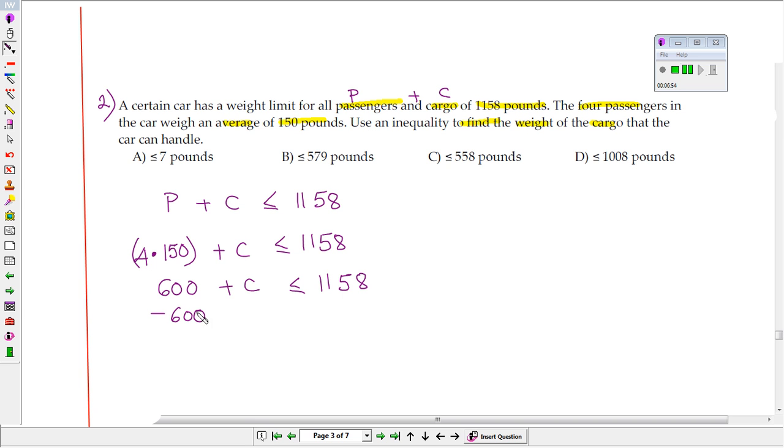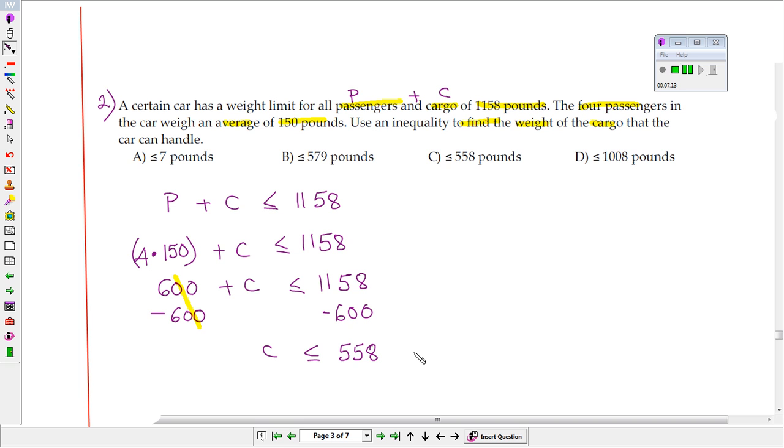The last step, we need to subtract 600 from both sides to solve for C. Therefore C is less than or equal to 558 pounds.